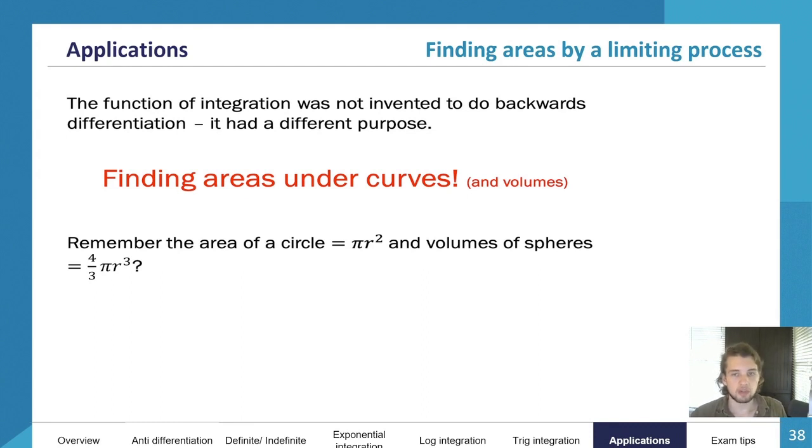So the function of integration was not invented to do backwards differentiation for a different purpose, but to find the areas under curves. And remember the area of a circle, pi r squared, and the volume of spheres.